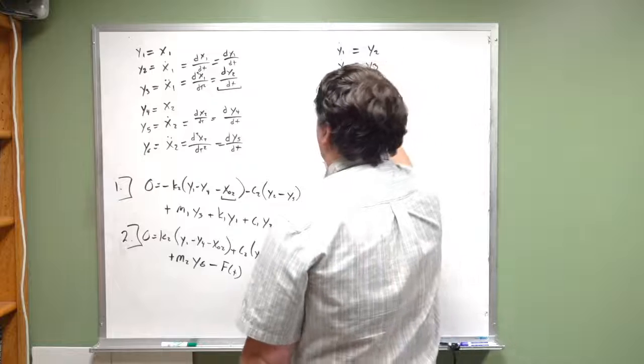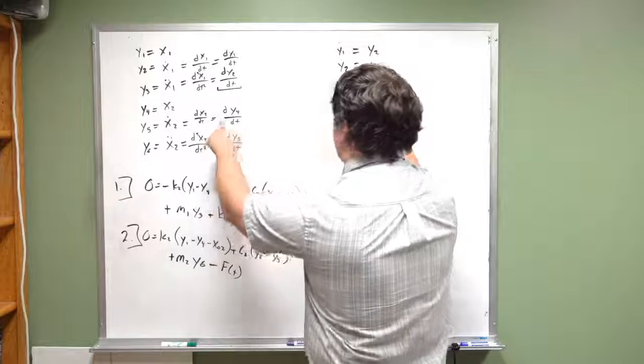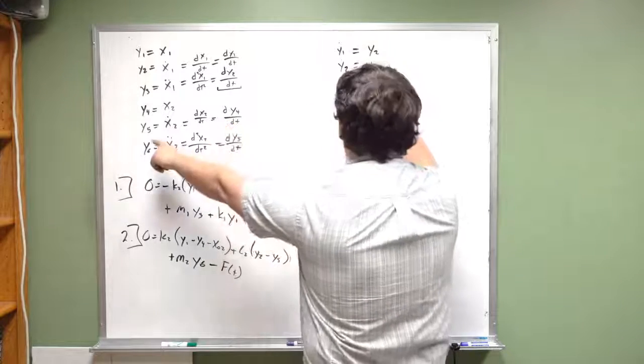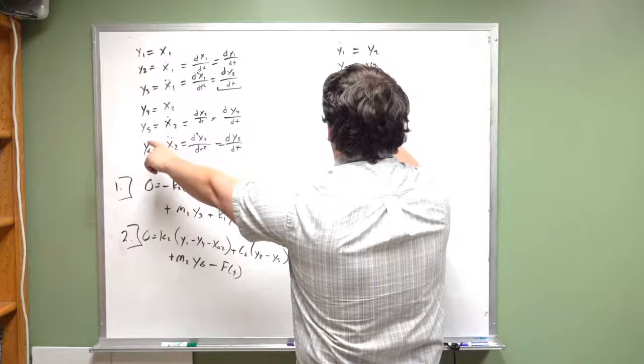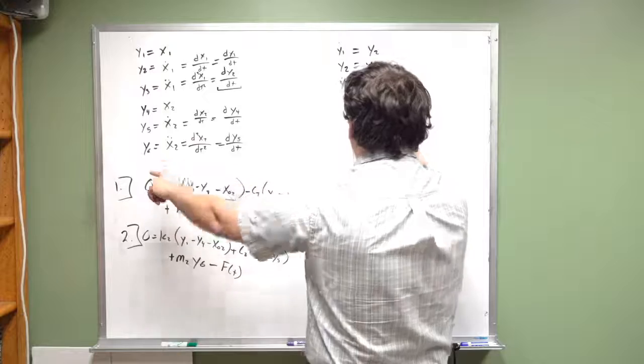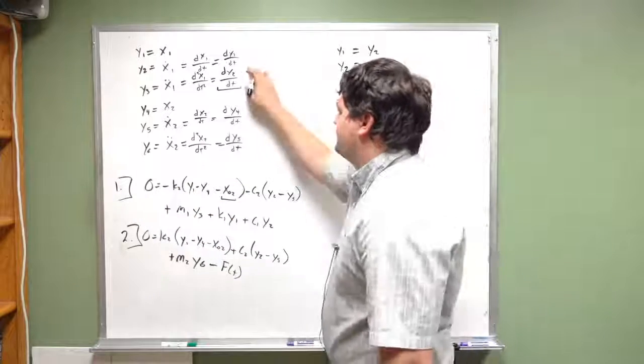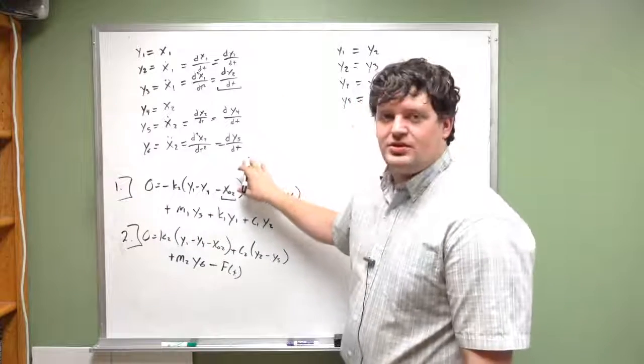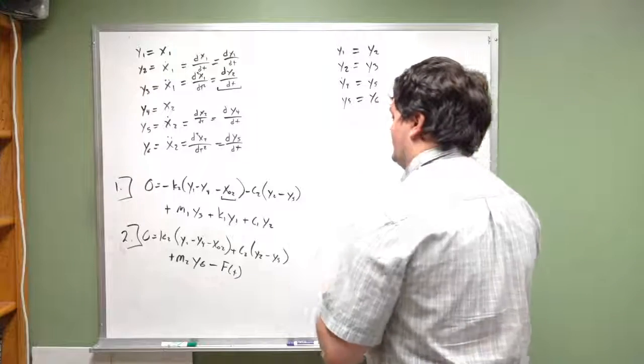And then we have y4 dot is equal to y5. y5 dot is equal to y6. That's these 4 equations that we came up with where we have our equivalents.